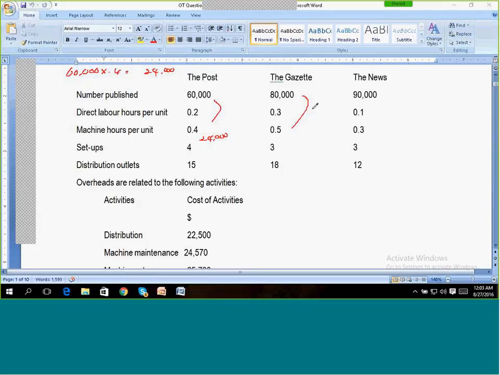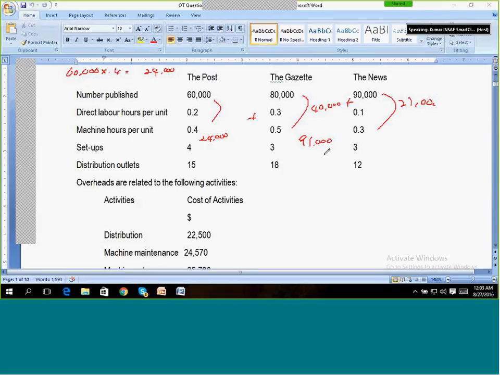Good. Now news. So in total, the number of machine hours they will use during this particular period 6 is 24 plus 40 plus 27. Correct? The total hours they will use is 24 plus 40 plus 27, which will be 91,000.